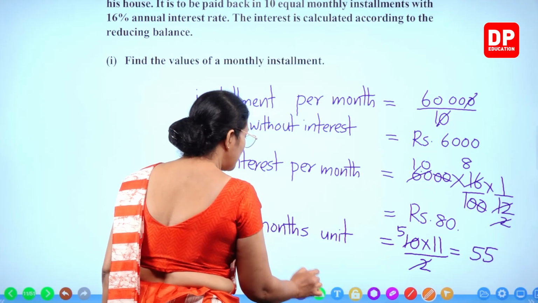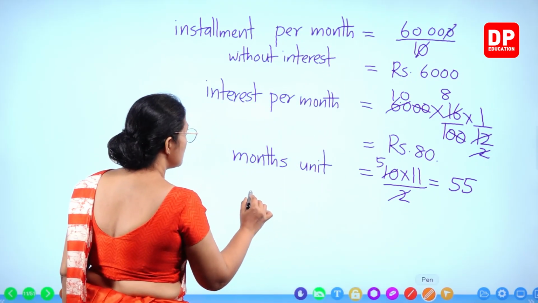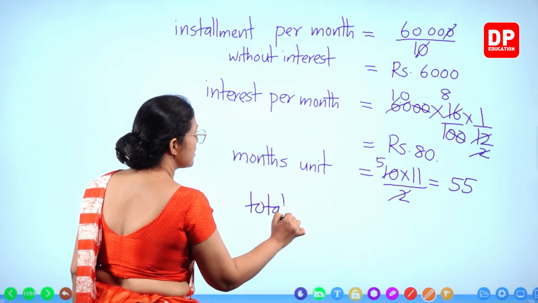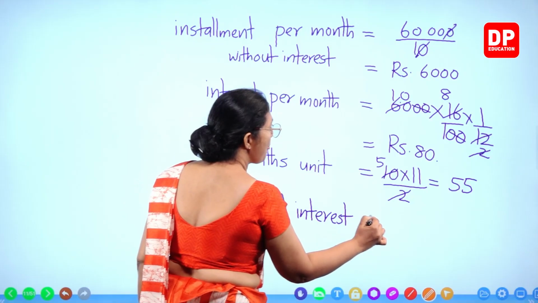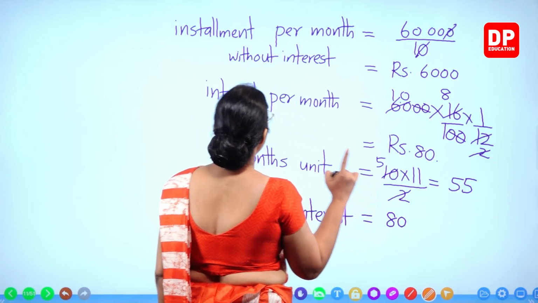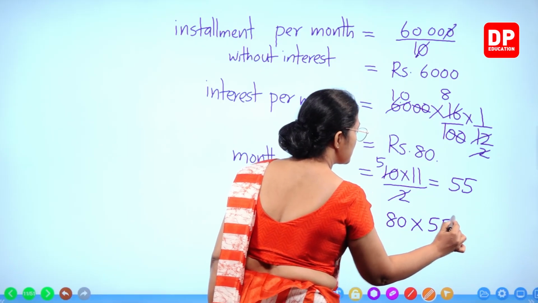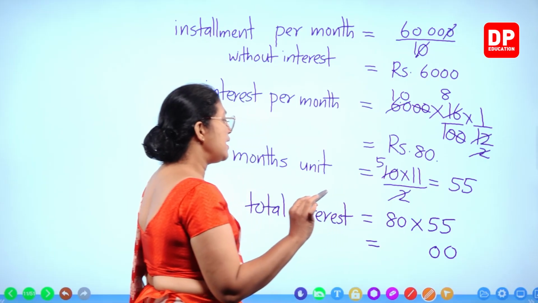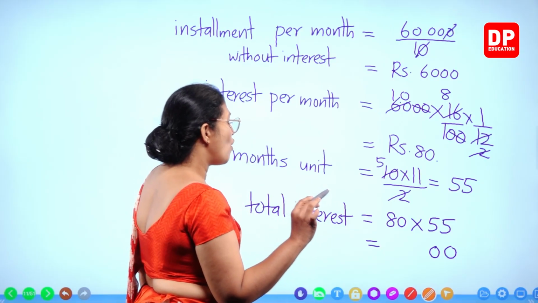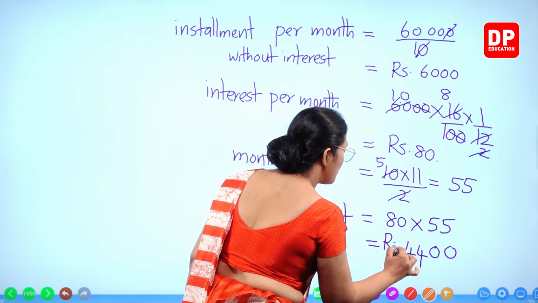Then what is the total interest for all months units? So total interest needs to pay: 80 rupees is the interest per month multiplied by number of months units. So you get 8 times 5, 40, 4 remaining, 8 times 5, 40 plus 4, 44, 4,400 rupees.